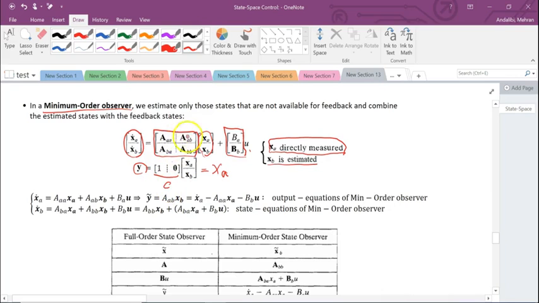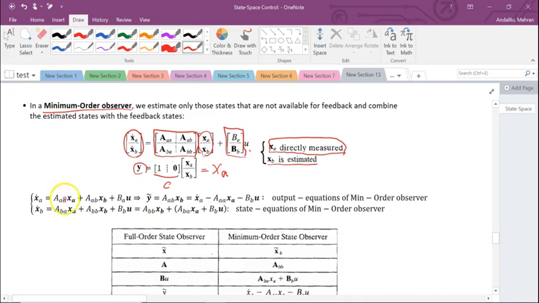And your A matrix, as you can see, has 4 sub-matrices, AAA, AAB, ABA, and ABB, and B also has BA and BB, depending on which one of these states they are multiplied to, the measured ones or the estimated ones.